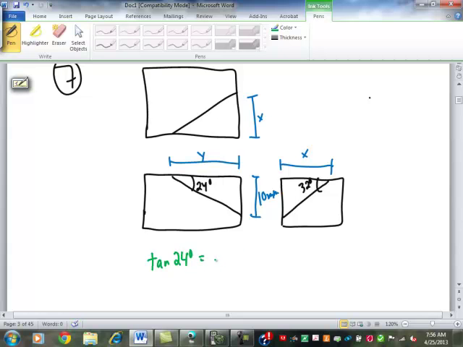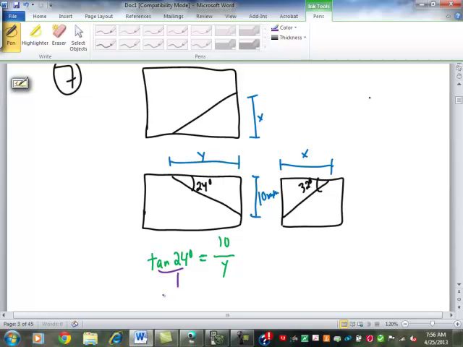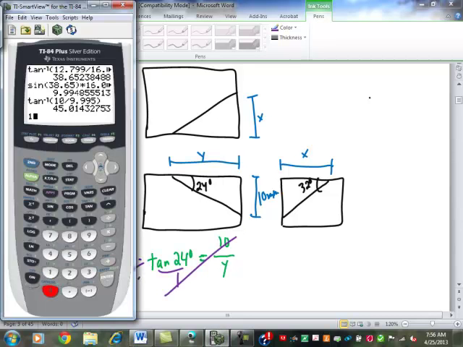Tangent of 24 equals 10 over Y. Good. So I put this over 1, cross multiply and divide. 10 divided by tangent of 24 is 22.46. Good.